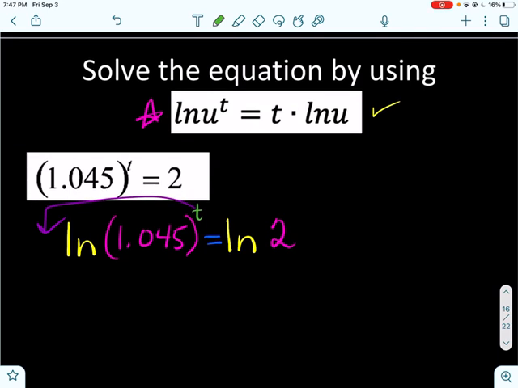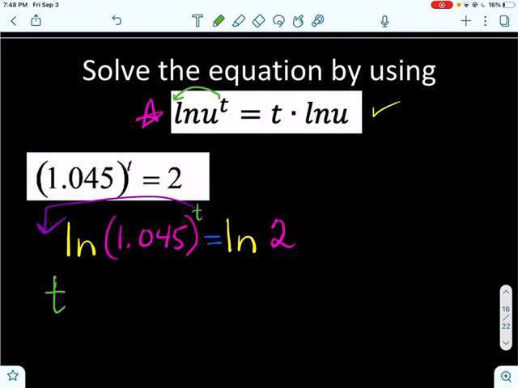Now we're going to work on solving an equation. If we solve an equation, we're going to use the property where we can bring that t out front. So I take this first step by taking the ln of both sides, and we use ln a lot more than we do log base 10. It's only 2 letters versus 3, but we like it.